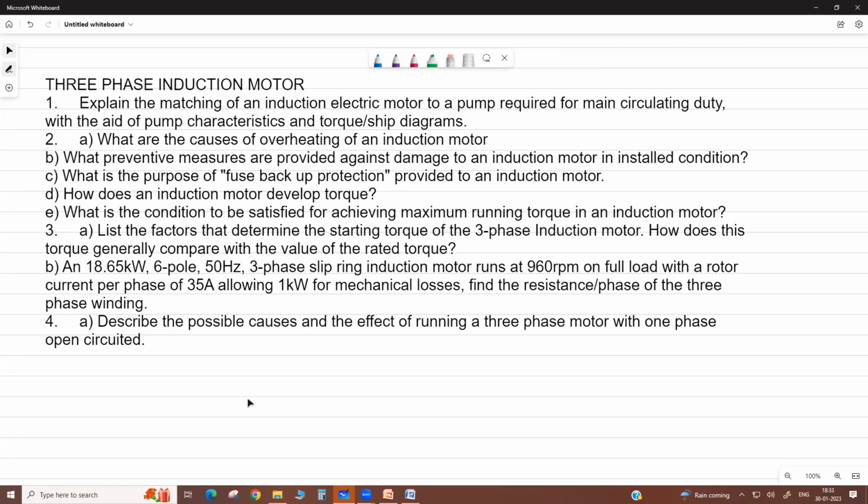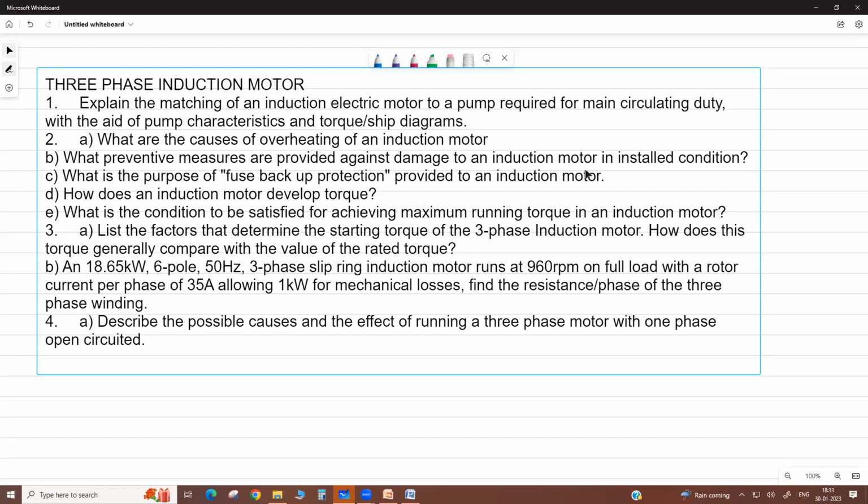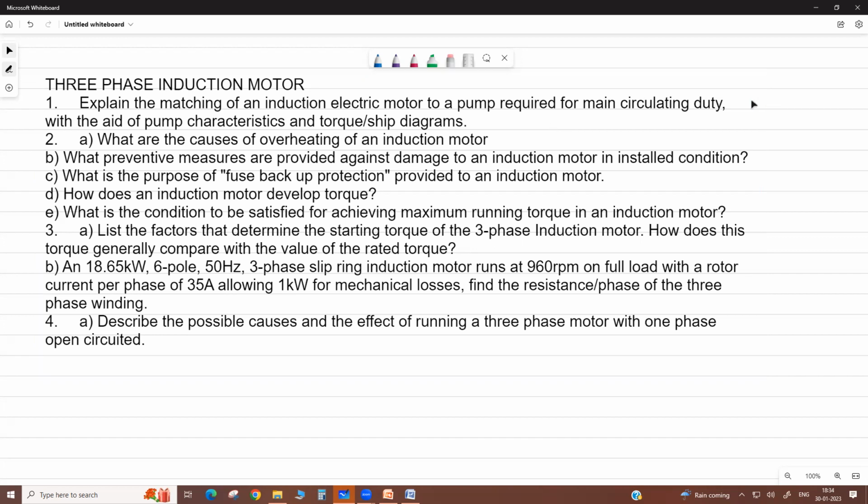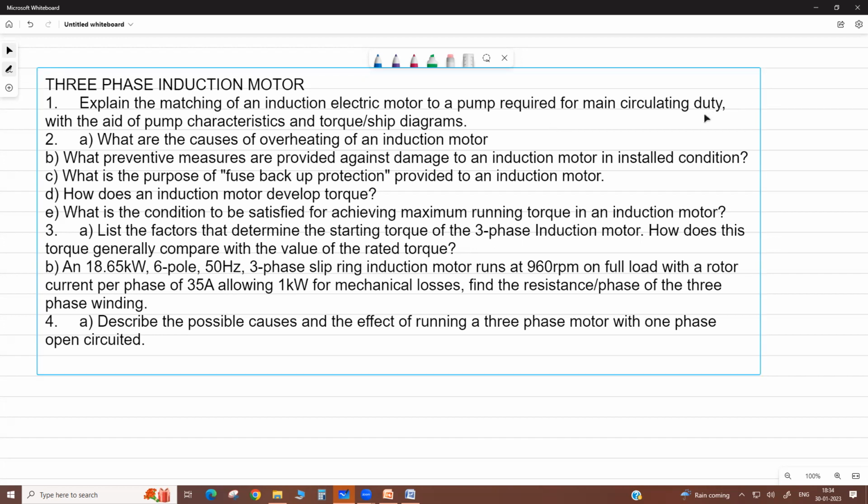Before we proceed to the answer lecture, we have to learn the questions, meaning what their approach is. Explain the matching of an induction electric motor to a pump requirement for main circulating duty with the aid of pump characteristics, torque and slip diagram. They are asking you to select a motor for a pump, for circulating duty, meaning flow rate.